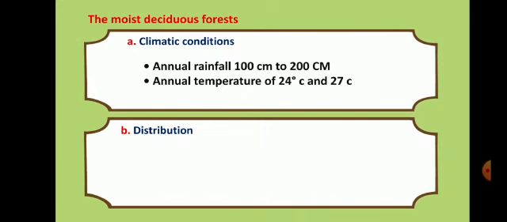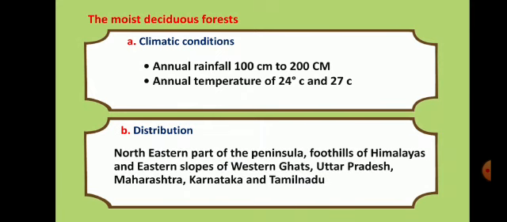And where do you find this type of forest, that is moist deciduous forest? You can find this type of forest in northeastern parts of peninsula, foothills of Himalayas and eastern slopes of Western Ghats, Uttar Pradesh, Maharashtra, Karnataka and Tamil Nadu.